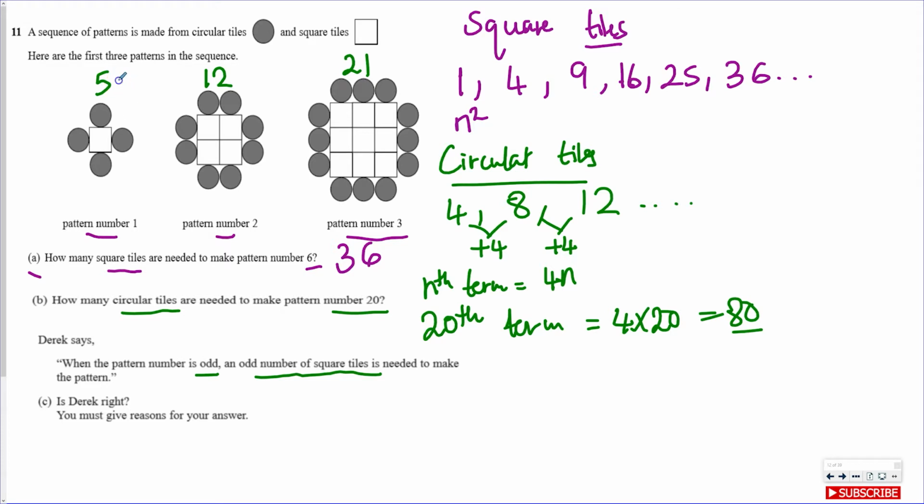So we can see we have odd there and we have odd there. And every time we have odd on the square, so we got 1 here, 1 on the square, and then we got 9 here, we get an odd pattern for the whole pattern.